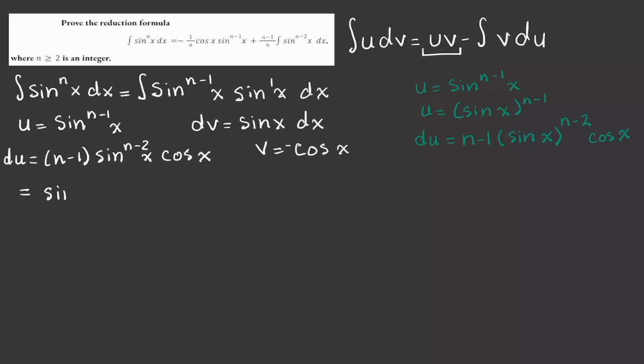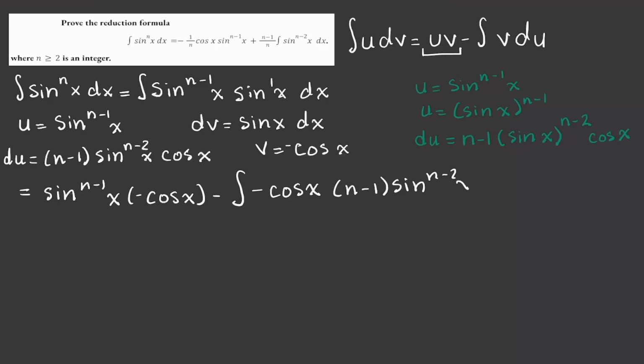So sine^(n-1) of x times negative cosine of x, minus the integral of v, negative cosine of x, times du, n minus 1 sine^(n-2) of x times cosine of x dx.